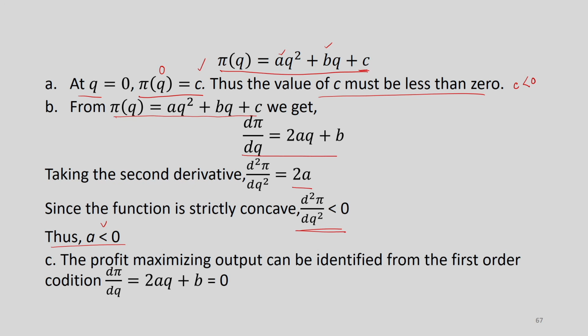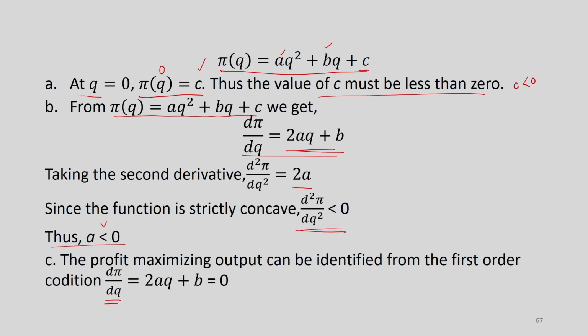So, we have to maximize this profit function. The profit maximizing output can be identified from the first order condition, that is the necessary condition d pi d q should be equal to 0, and that basically means 2 a q plus b should be equal to 0.